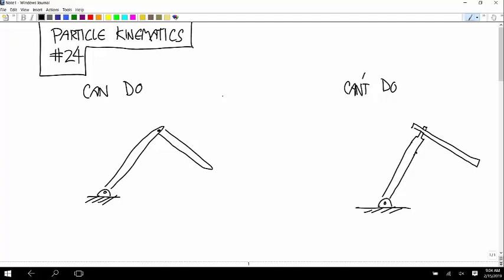All right, well, the difference between these two is that everything here is moving in the plane, right? And here, this thing is moving in the plane, but this thing's swinging out and around. Mathematically, the reason that we can do this and not that one is that the axis of rotation of this second piece isn't affected by the motion of the first piece.